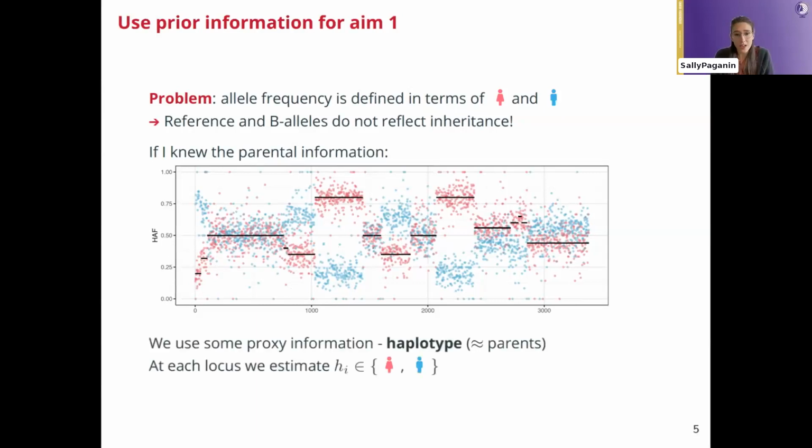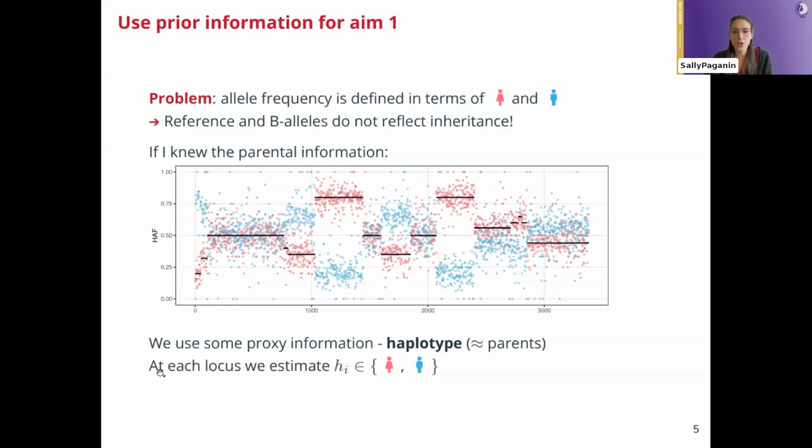We don't have access to the parental information, but we have access to some proxy information that is called haplotype. It doesn't precisely mean that we have the parents, but it's pretty much correlated. Let's assume that it is almost the parent; it's going to be easier for the rest of the talk.